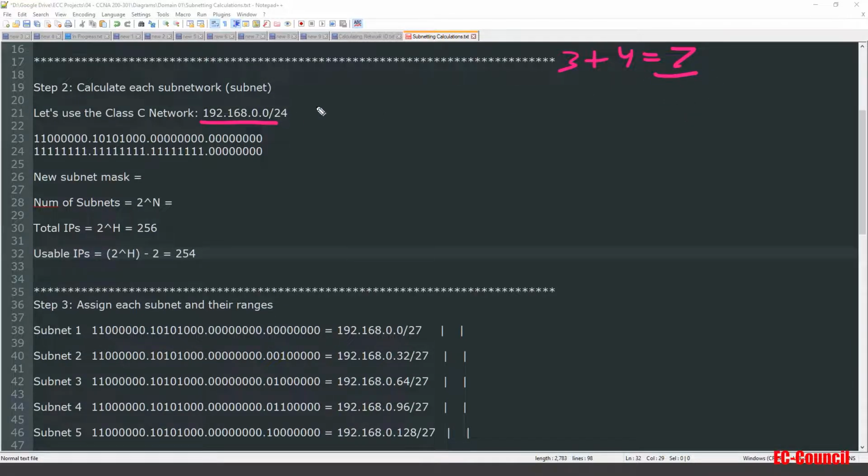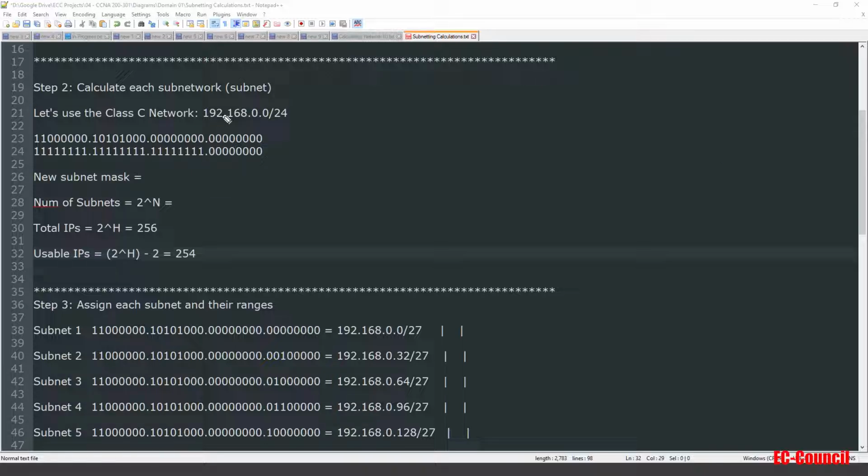So we need to subnet 192.168.0.0 to create 7 networks, and our largest network requires 28 hosts. How can we subnet this network, create our 7 networks, where each of the 7 networks can successfully fit our largest network of 28 hosts?